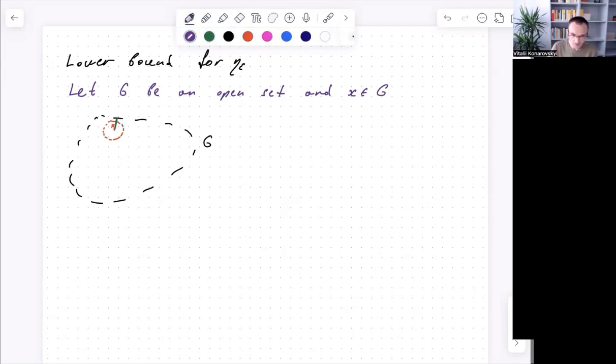So we note that the distance between x and the complement is strictly positive.